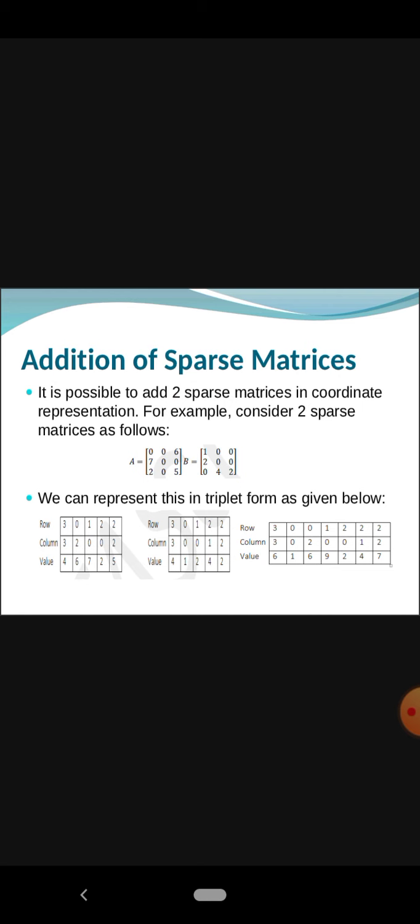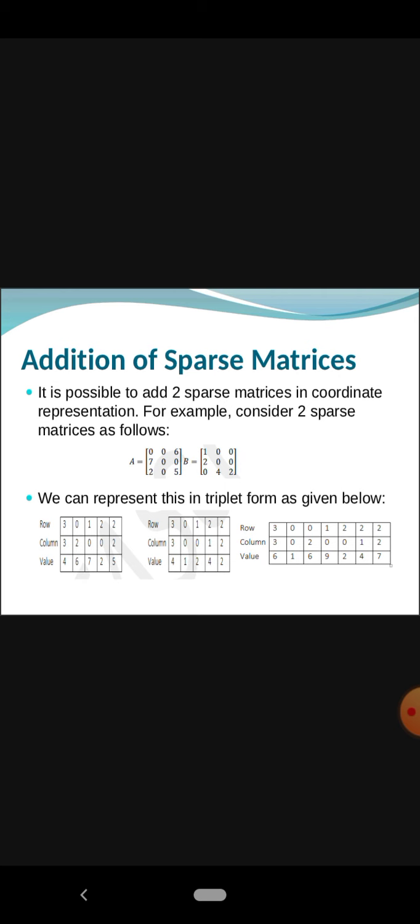In the first column we represent the total number of rows, total number of columns, and the total number of values. So in the case of matrix A, we have 3 rows and 3 columns, so in the corresponding fields you can see 3, 3, and we have 4 non-zero elements in A.